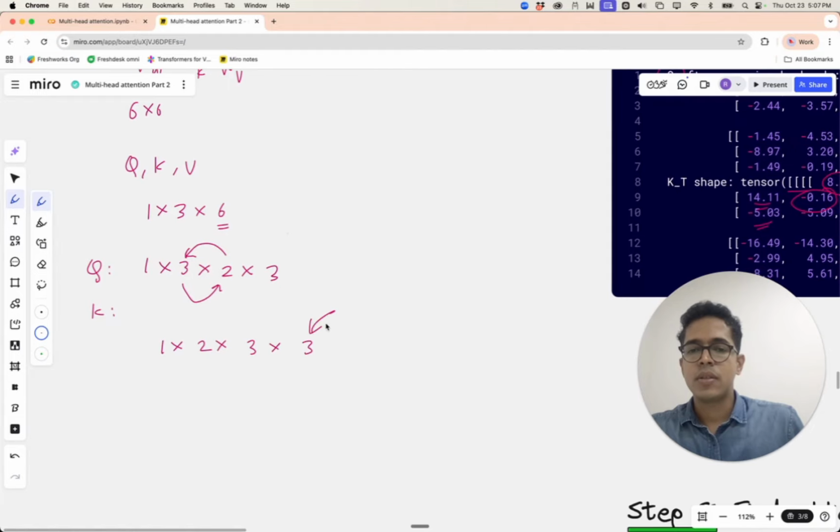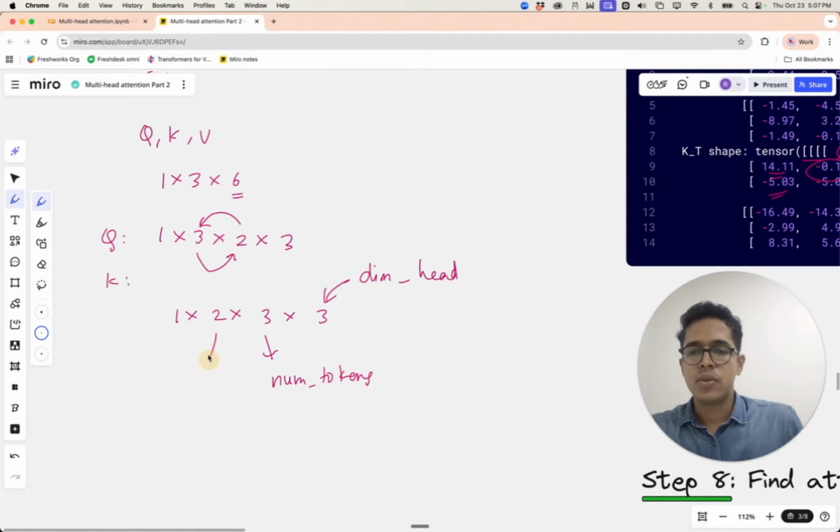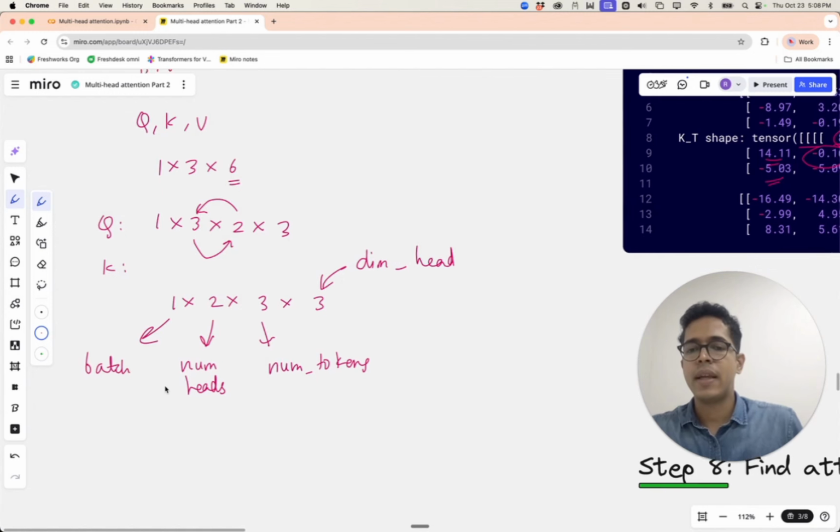So this 3 was dimensionality of head. This 3 was number of tokens. This 2 was number of heads. This 1 is the batch size. So this was done for query, key and value.